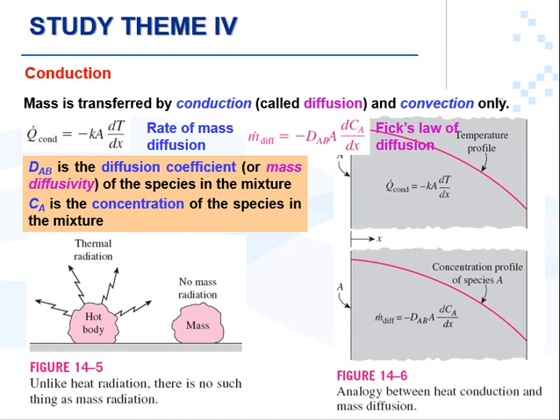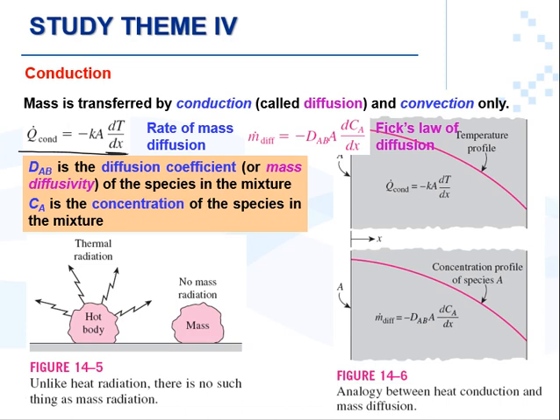We know that the rate of conduction heat transfer in the direction of x is proportional to the temperature gradient in that direction, and it's expressed by a law that we call Fourier's law.